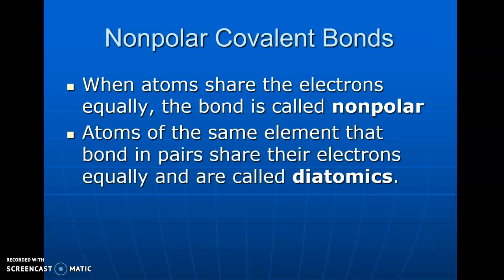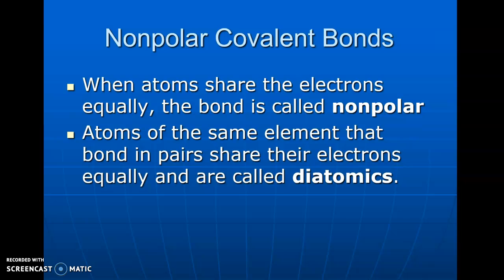This happens especially in atoms of the same element. When they bond in pairs, they both pull equally on those shared electrons because they have a nucleus of exactly the same size, providing the exact same amount of pull. So an example of a nonpolar covalent bond is a diatomic, a two-atom molecule.